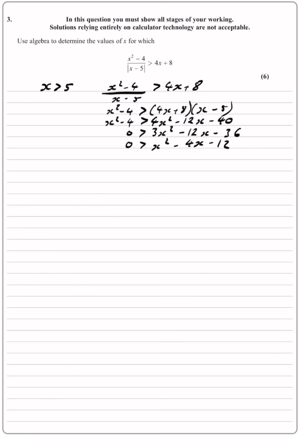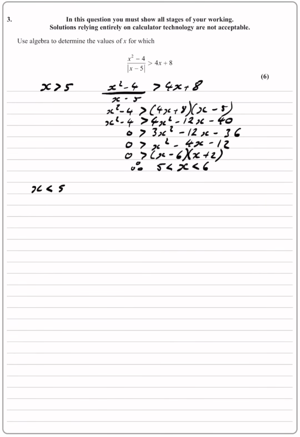And that factorizes quite nicely. So 0 is greater than x minus 6, x plus 2. So normally I would extract out, therefore, the solutions, x being between -2 and 6, but because initially I said that x had to be greater than 5, that just gives me the range of values of x between 5 and 6.